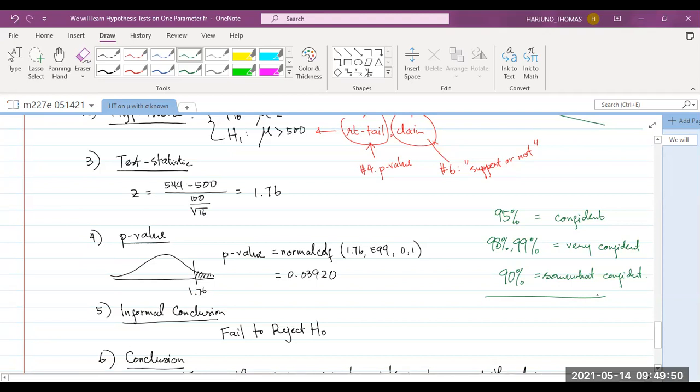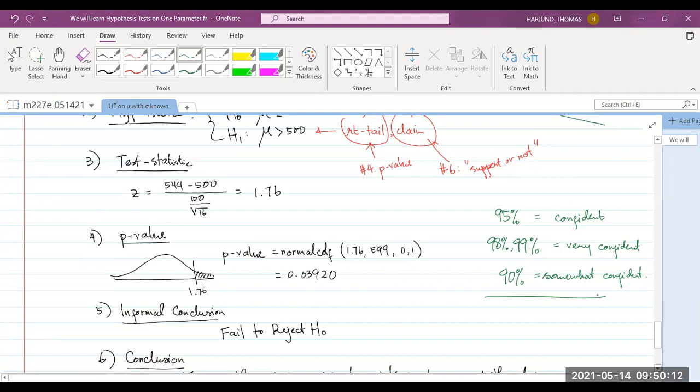For a statistician, confident is at 95%. Are you confident? Yes. Is it at 95%? Yes. Now we don't use the word confident in statistics for 70%. We don't use confident in statistics for 80%.